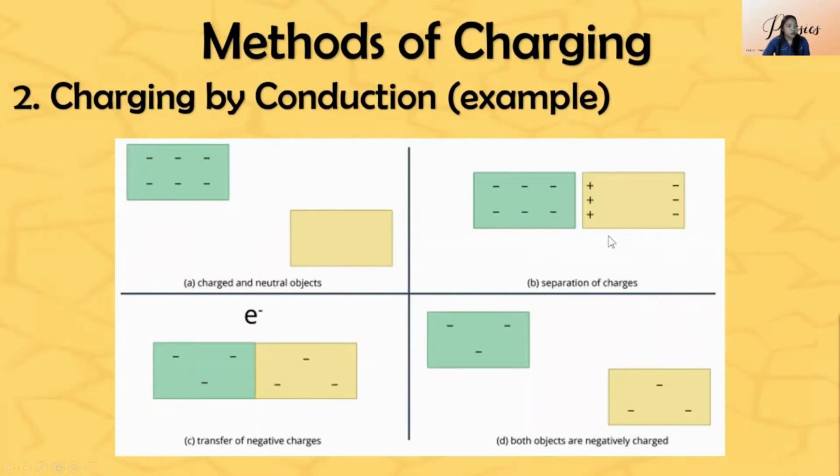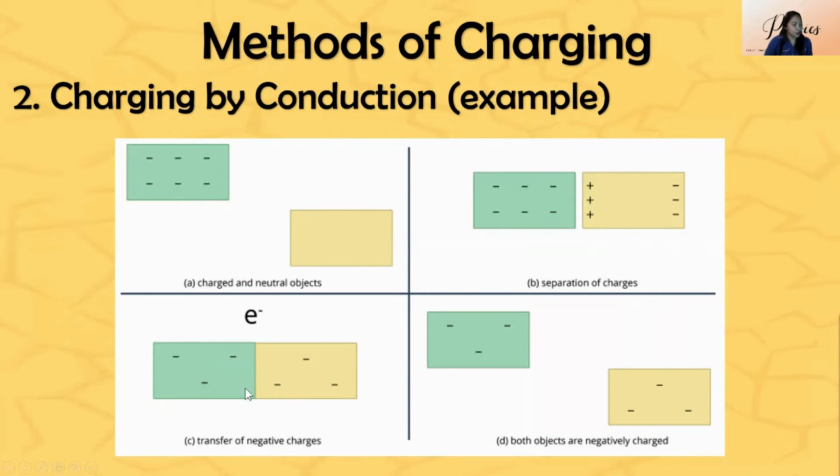The positive charges, or the protons, will move towards the side near the negatively charged object, while the negative sign moves to the other side. So there's separation of charges.